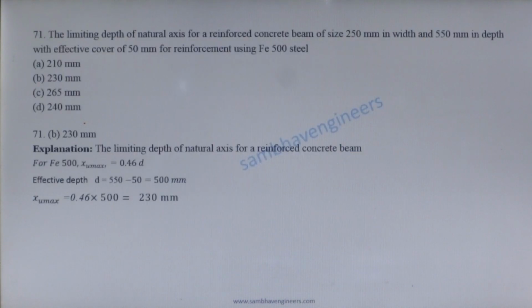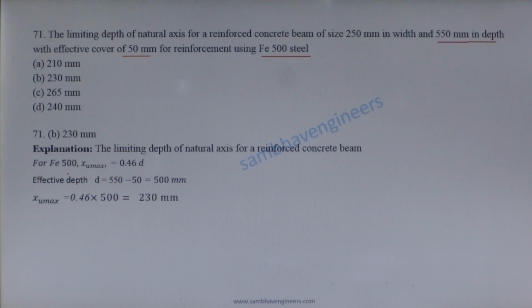Next question. The limiting depth of neutral axis for a reinforced concrete beam of size 250 mm in width and 550 mm in depth with effective cover of 50 mm for reinforcement using Fe 500 steel.